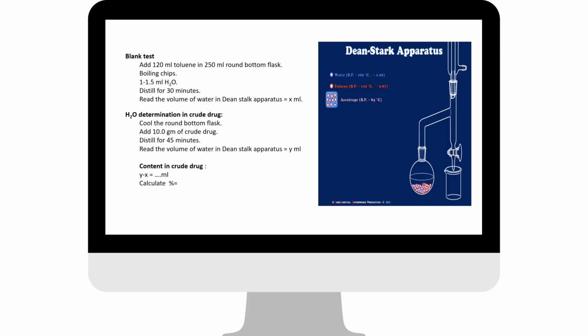After providing the heat, it will again vaporize, and the vapor reaches the condenser, which condenses it into two phases: the aqueous phase and the organic phase. The organic phase will be on the upper side in this burette, and the aqueous phase in the lower part. Again we will measure the reading of the aqueous phase.